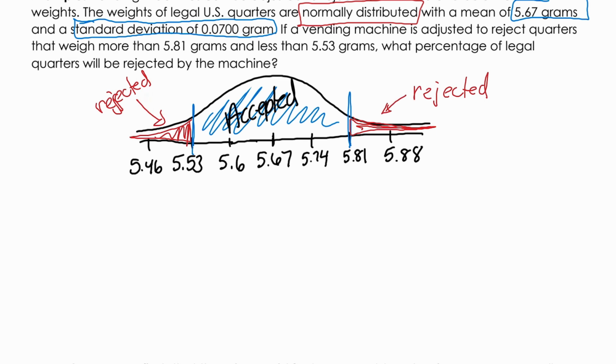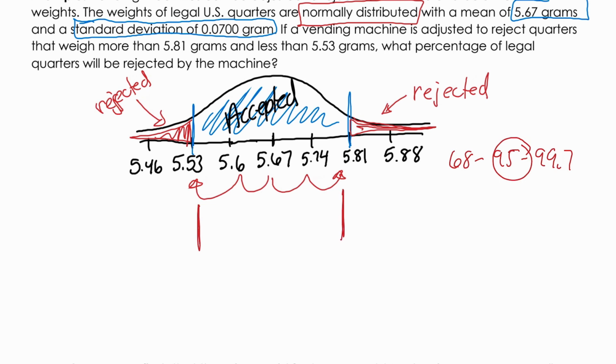If I know that going out 2 standard deviations in either direction, using my 68, 95, 99.7 rule, gives me 95% of the data, then from here to here, in this accepted area, this is 95% of the data, which means the portion that's not accepted is going to be 5%.